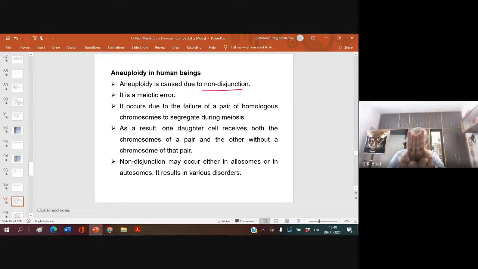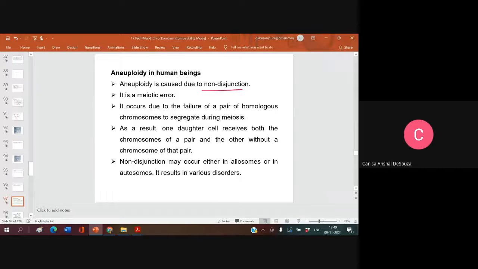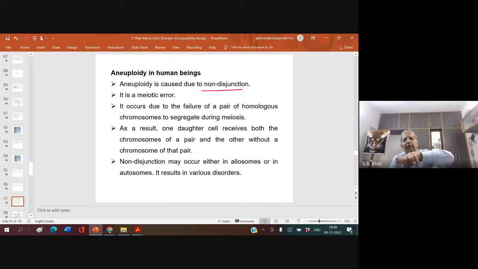Coming together is junction. Separating is disjunction. Not separating, going together. You know, of these two homologous chromosomes during first meiosis, one homologous chromosome should go to one pole and the other to the other pole. Am I right? Now, they are not going separate. They are going together. Two sisters not getting married to two separate gentlemen.